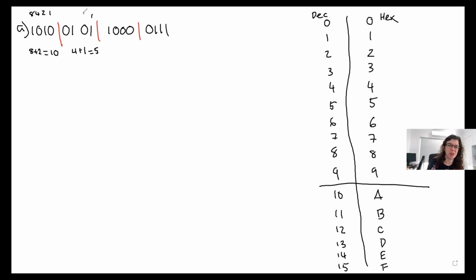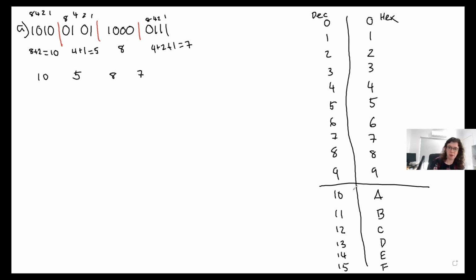In this one, we've only got the 8 bit switched on. And in this one, we've got the 4, 2, and 1 bit switched on, so 4 plus 2 plus 1 gives 7. So effectively, we've got 10, 5, 8, 7.